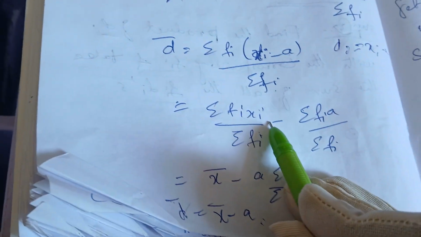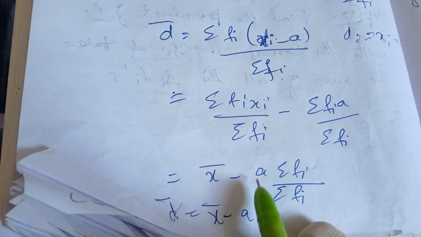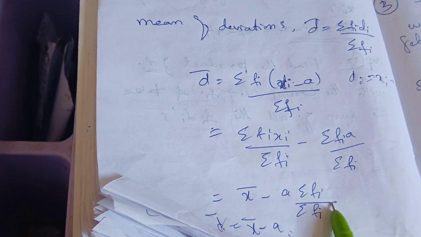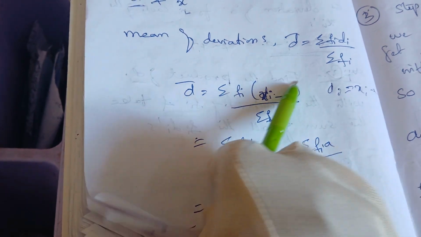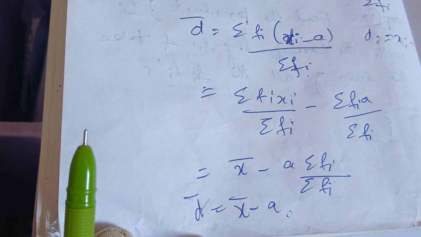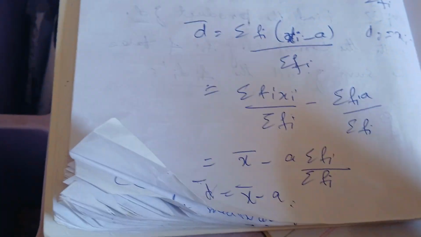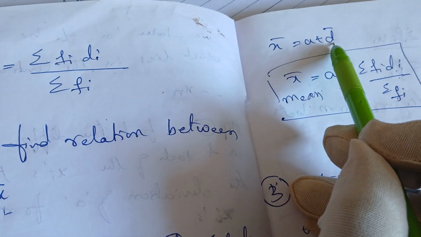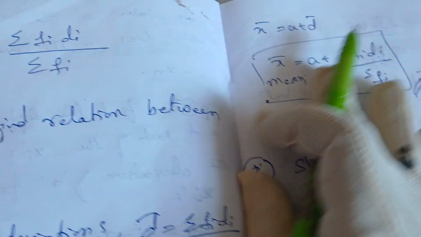We will get sigma of fi xi by sigma of fi, which is the direct method calculation of the mean, x bar, minus a sigma of fi by sigma of fi. So fi cancels. We get d bar equals x bar minus a. If we take a to the other side, we get x bar equals a plus d bar. So mean is equal to this.